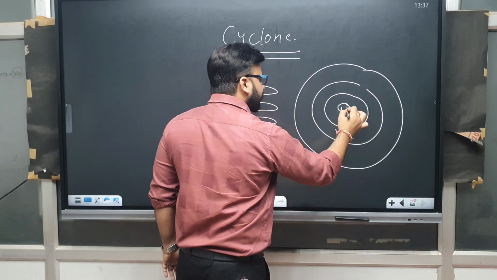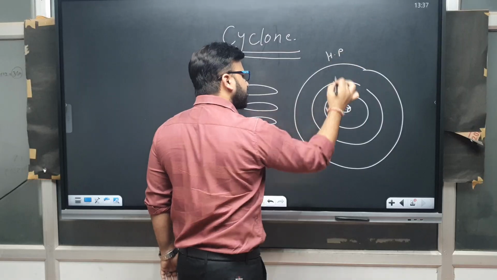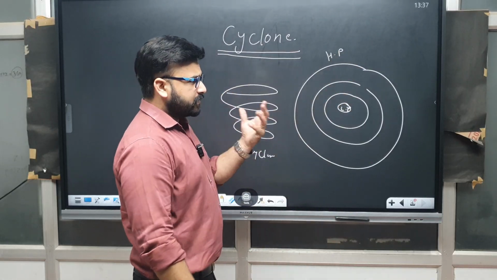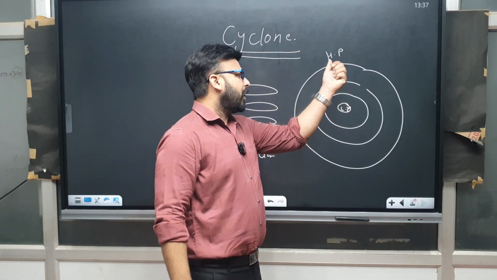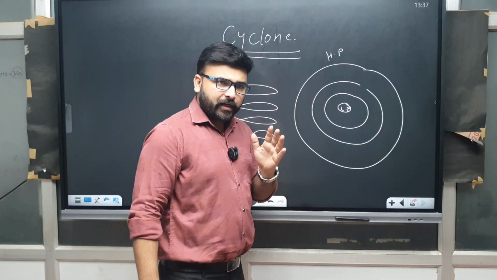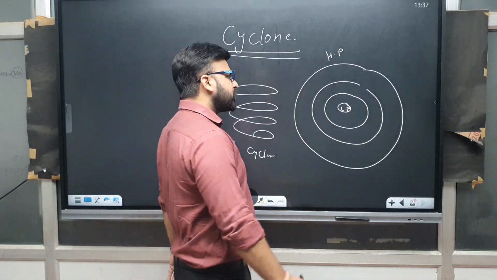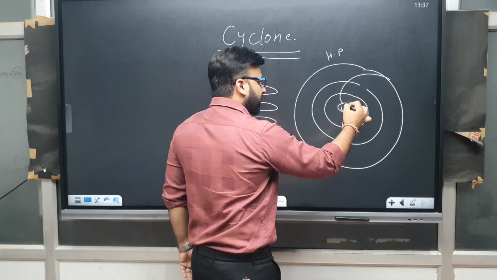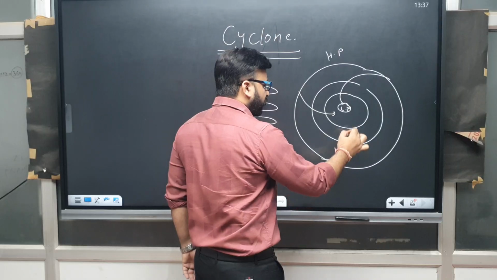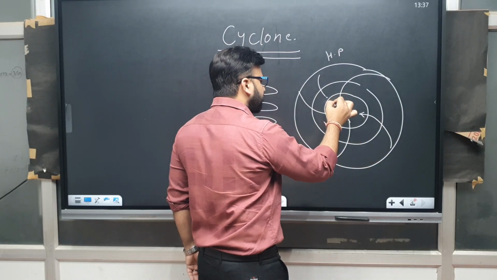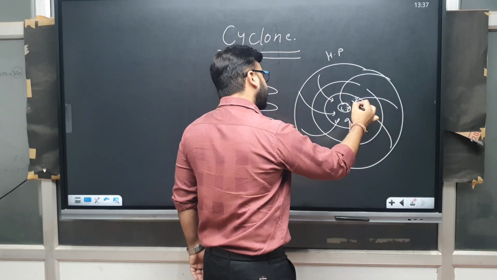If there is low pressure at the center and high pressure outward, the winds always blow from high pressure to low pressure. And under the impact of Coriolis force, they start revolving in a cyclic manner.